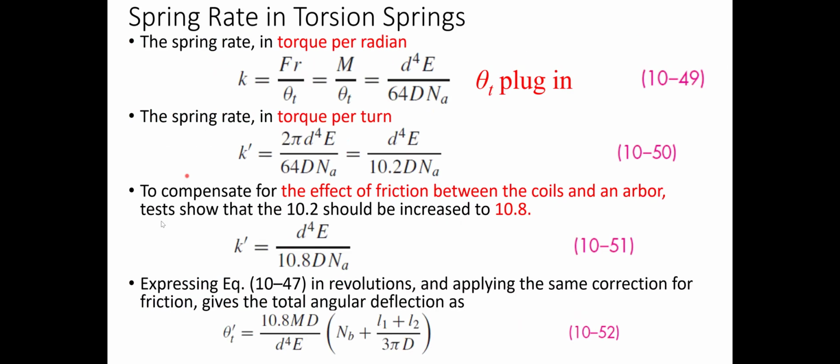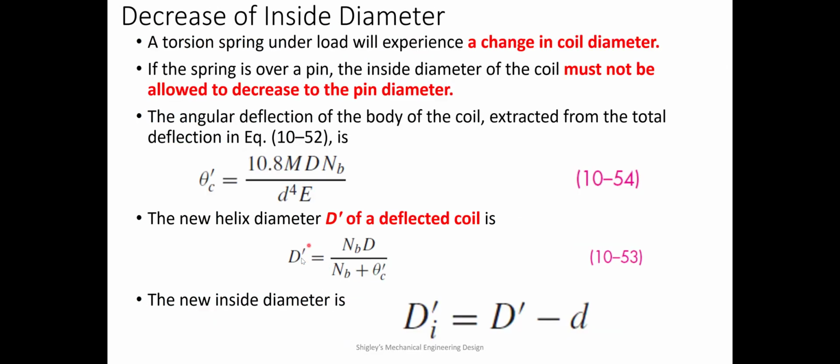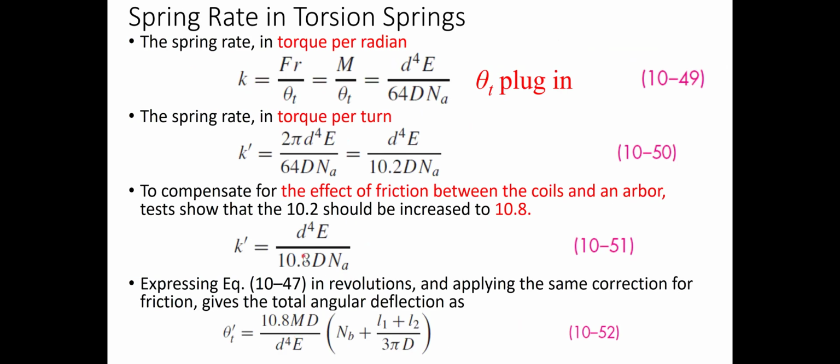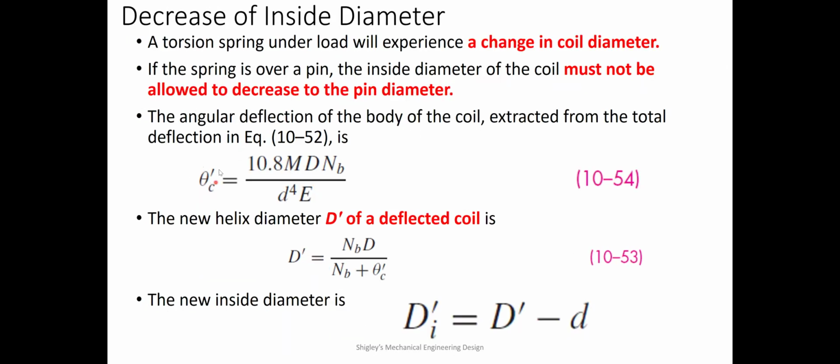So from equation 52, extract this term out, and we get D prime equals this term. The new helix diameter D prime of a deflected coil is N B D, where D is the mean coil diameter, divided by N B, the number of body coils, plus theta C prime.